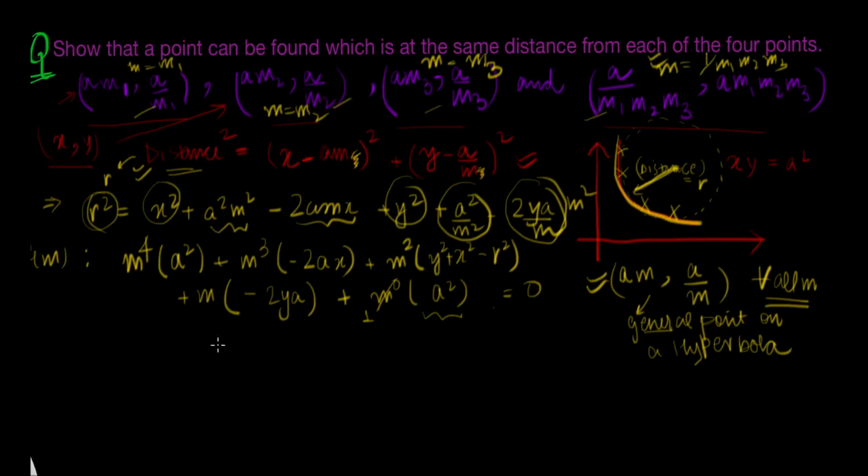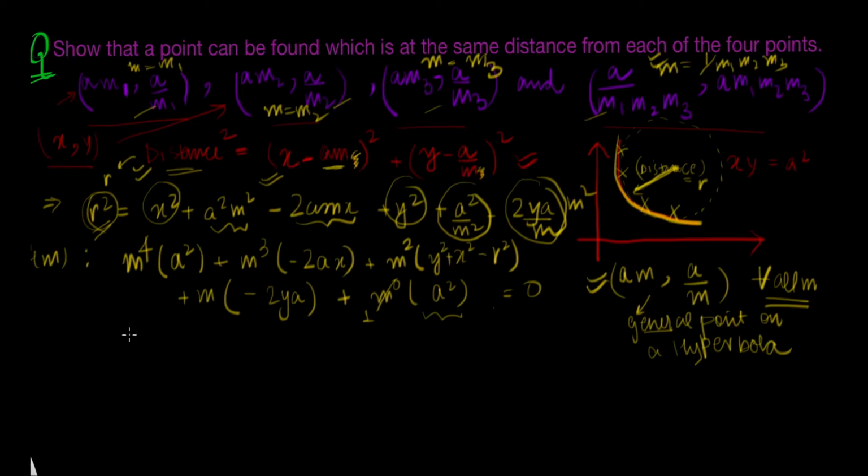But the clever and quicker way to do this is to see what the product of all the values of m would be. At this point, we started with random points on the hyperbola because we did not specify any condition for m. But as soon as we fix our r, that is the radius of the circle, we end up limiting the possible values that can satisfy this equation.